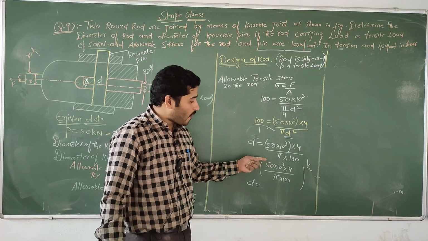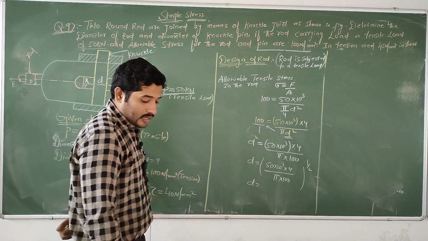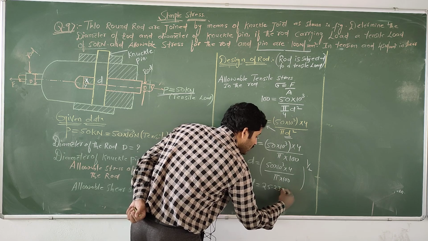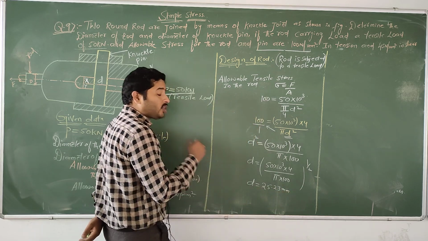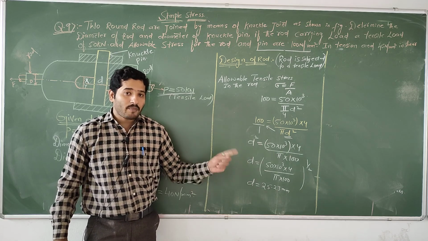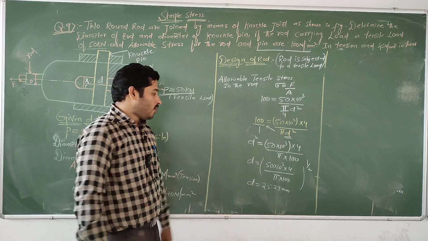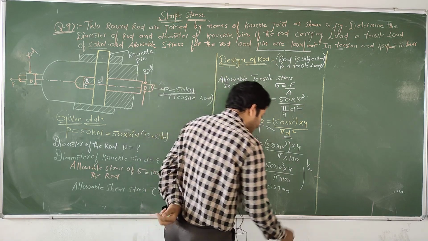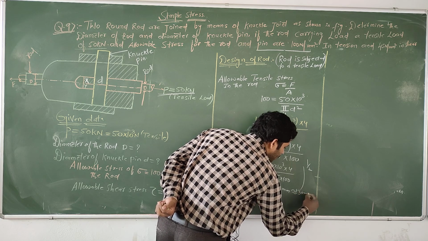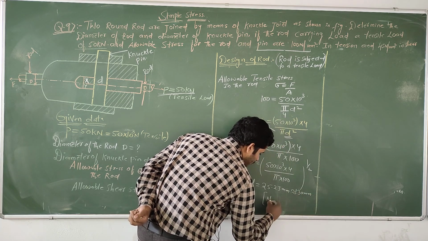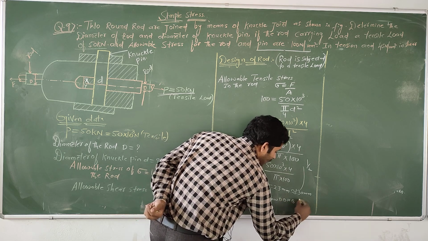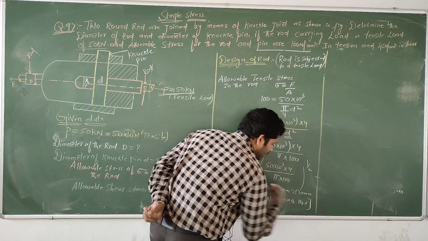If you find it with the help of calculus, you will get the answer 25.23 mm. So 25.23 mm should be approximately equal to 30 mm, from the new design data handbook, page number 14.6.